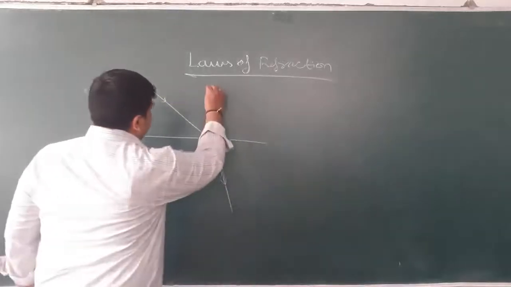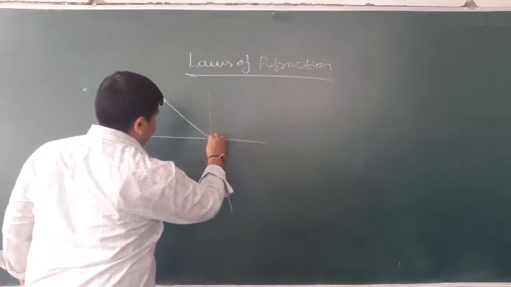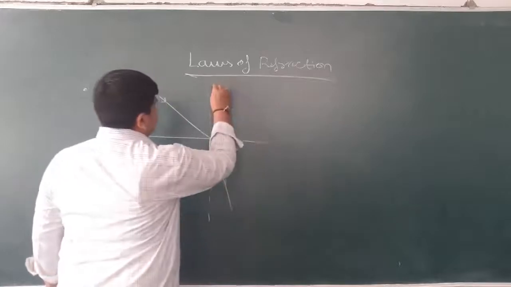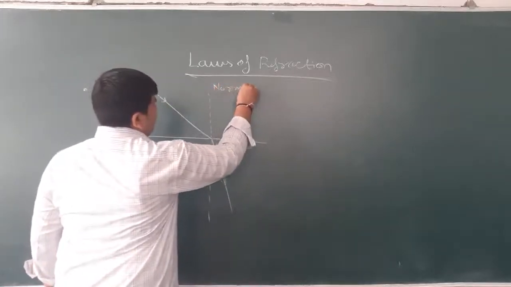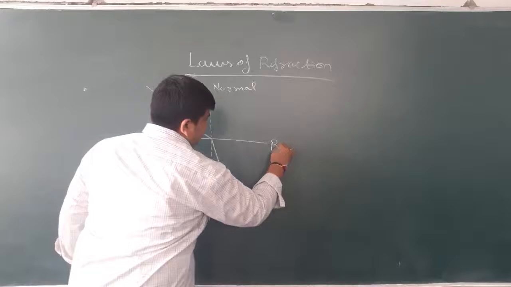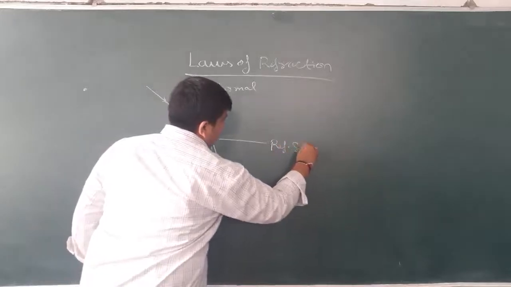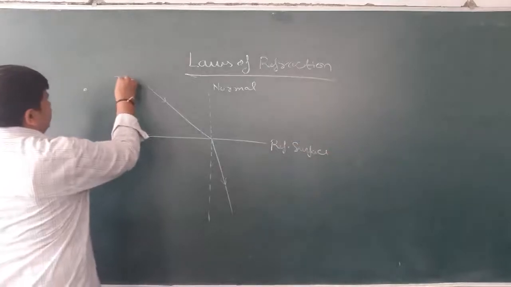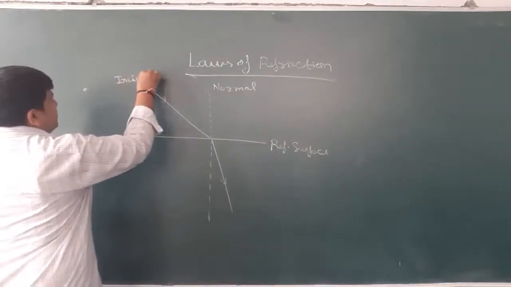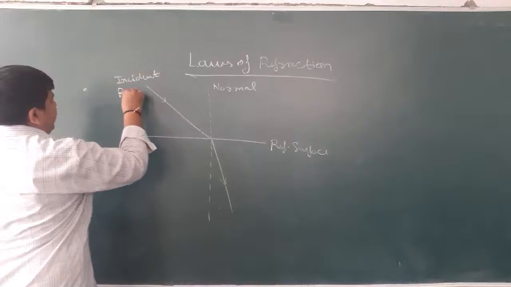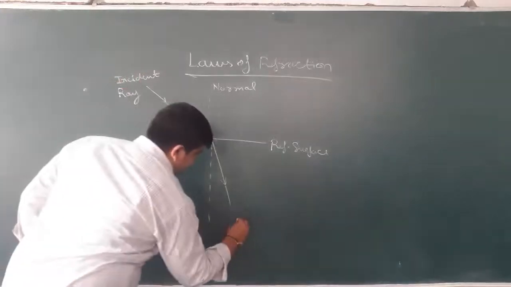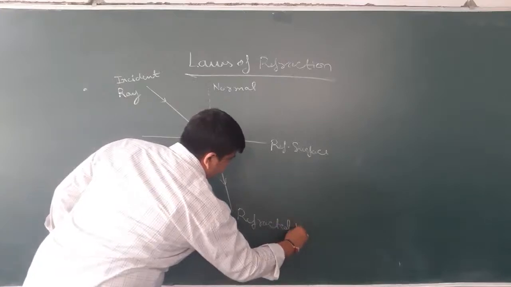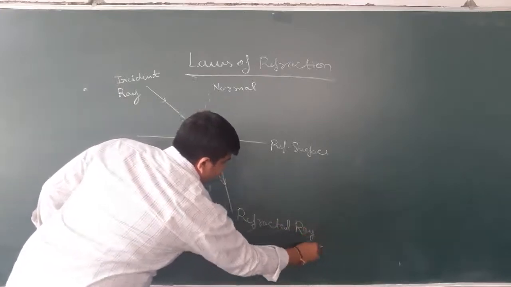Suppose this is a normal on our refracting surface. This is the normal, and this is the refracting surface. This is our incident ray I, and this one is our refracted ray.